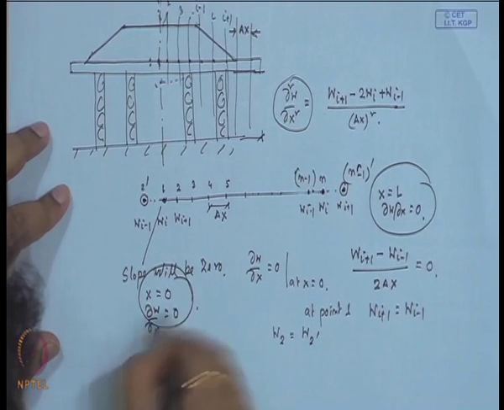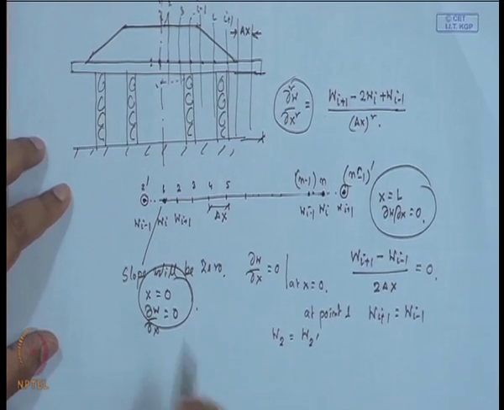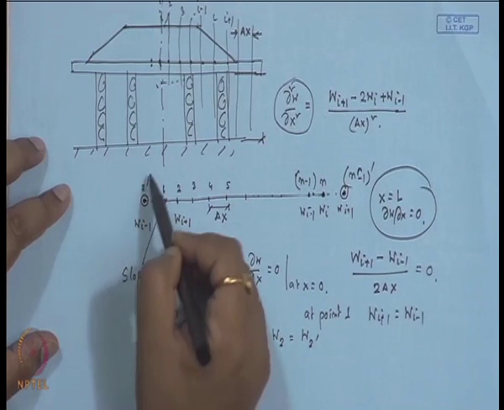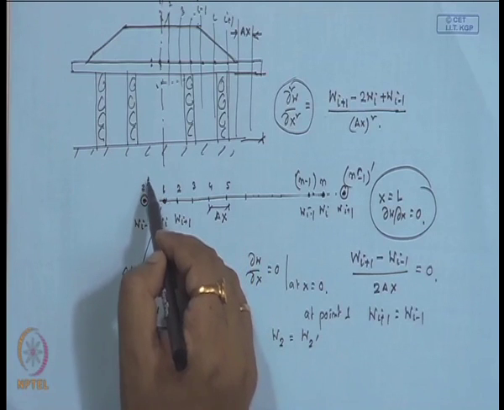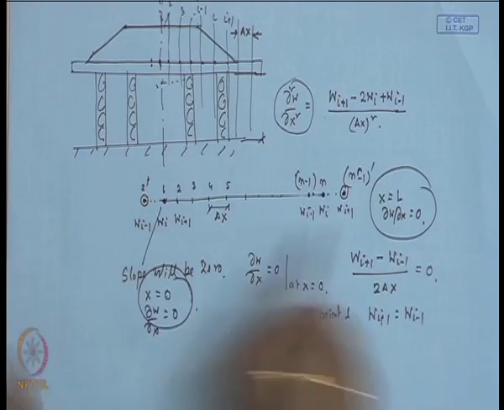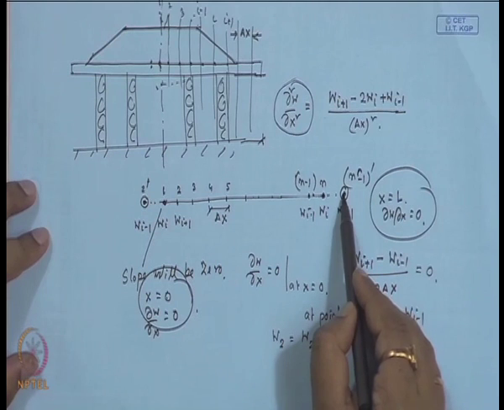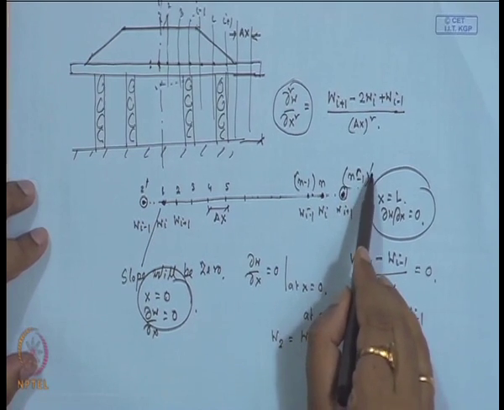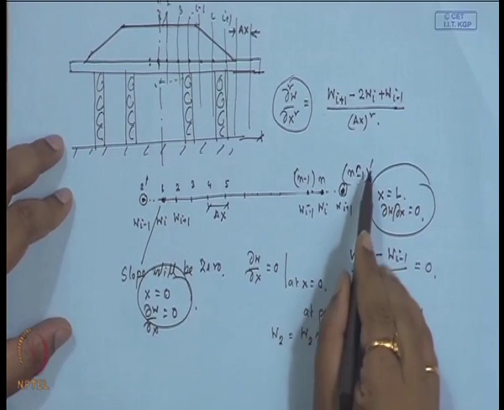If we apply this boundary condition, we can determine the value of the fictitious or imaginary node. At this end, we will determine the value of the n minus 1 dash fictitious node.